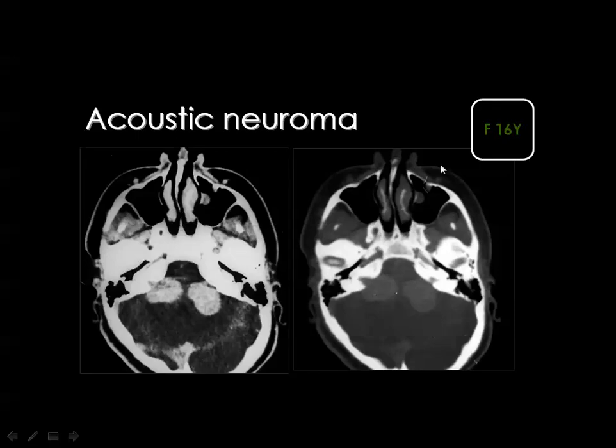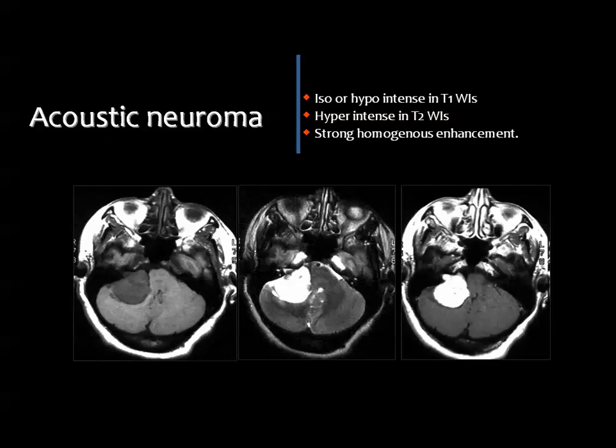Here is an example of bilateral acoustic neuroma in a female patient, 16 years old, with neurofibromatosis type 2. She had bilateral, almost symmetrical acoustic neuromas centered at the orifices of the internal canal.